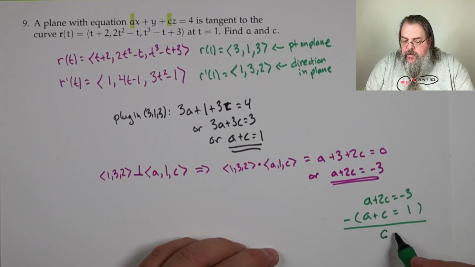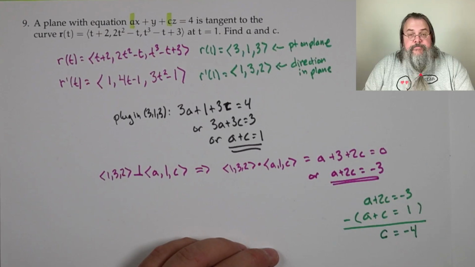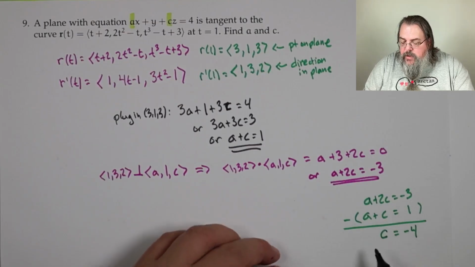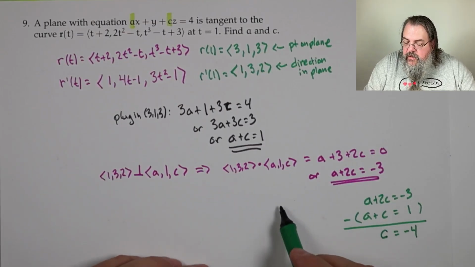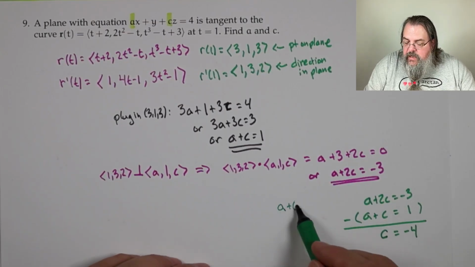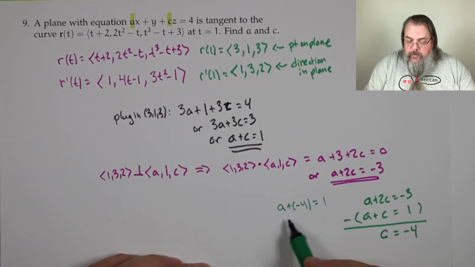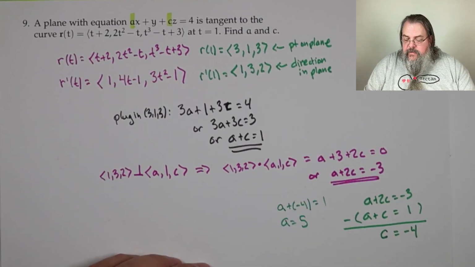Minus 3 subtract 1 is minus 4. Okay, so c is negative 4, but we now plug that into the first or the second, it doesn't matter which one. Maybe the second's a little bit easier. a plus negative 4 equals 1. Add 4, we get a equals 5.